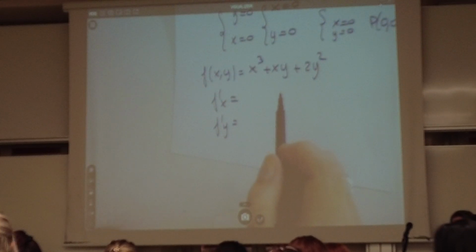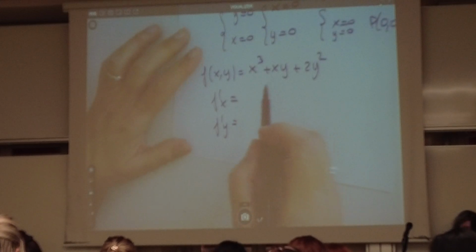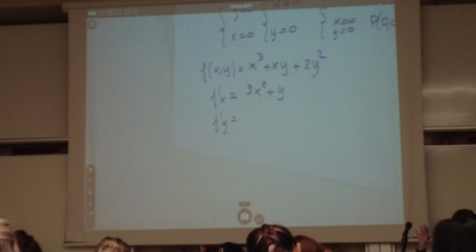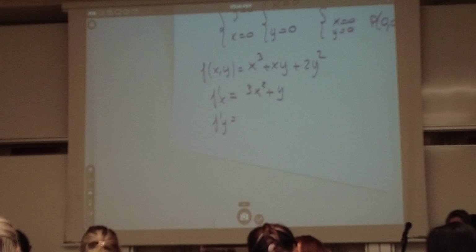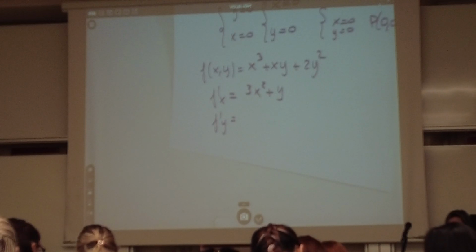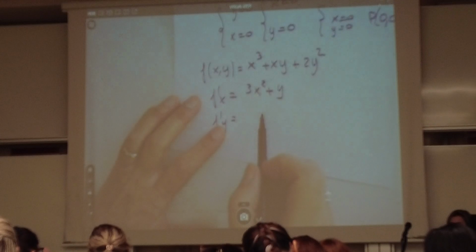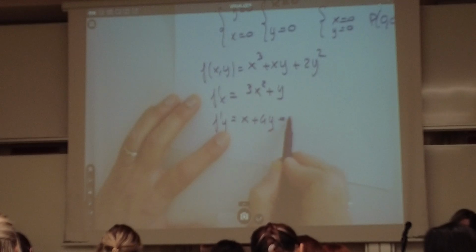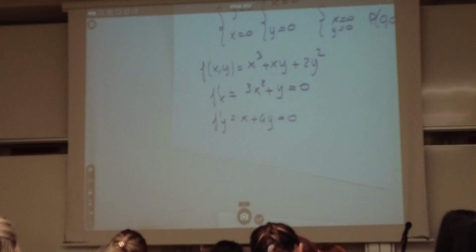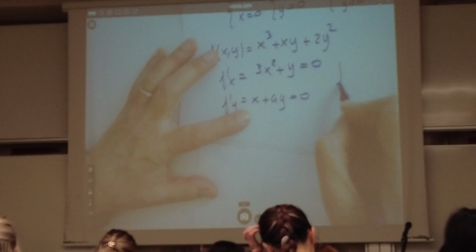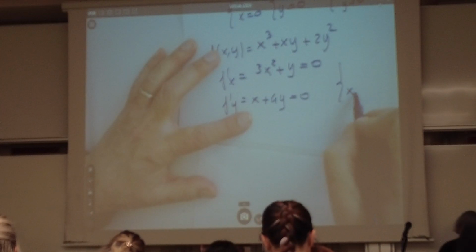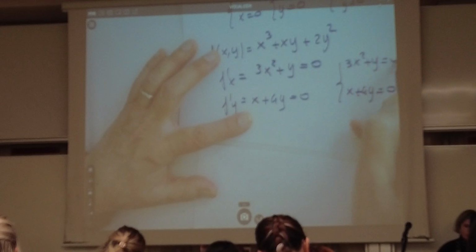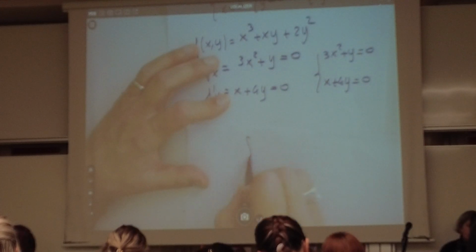With respect to x, 3x squared plus y, nothing else. With respect to y, it is x plus 4y equal to 0. Okay? Now, which kind of system do we have here? x plus 4y is equal to 0. 3x squared plus y is equal to 0. Okay? How can you solve this system?